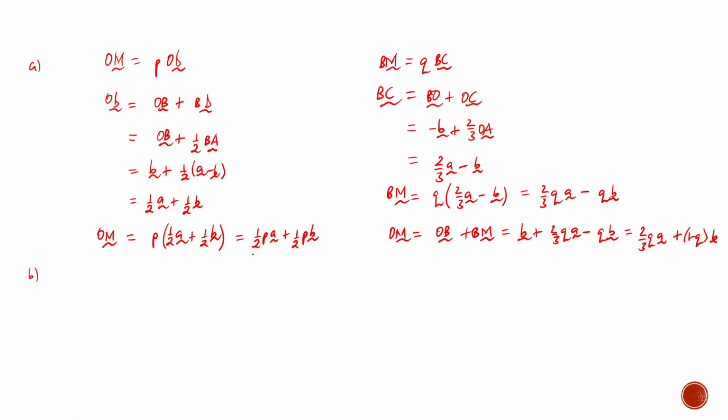To find P and Q, we have two expressions for OM, and they're both in terms of A and B. So we can compare the coefficients of A and B. If we compare the coefficients of the vector A, a half P is equal to 2/3 Q. If we compare the coefficients of vector B, a half P is equal to 1 minus Q. So we have two equations in P and Q which we can solve simultaneously, and you'll get P as 4 out of 5 and Q as 3 out of 5.